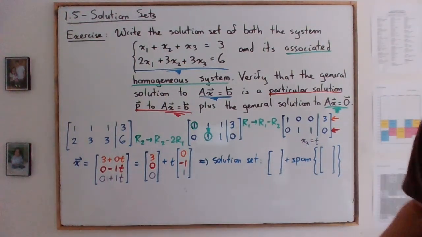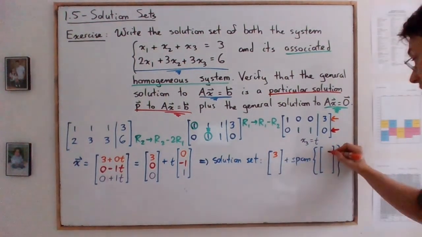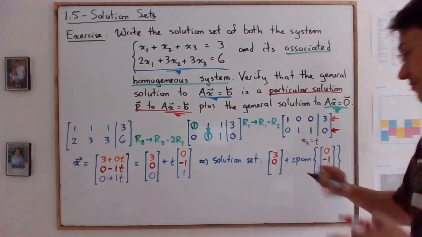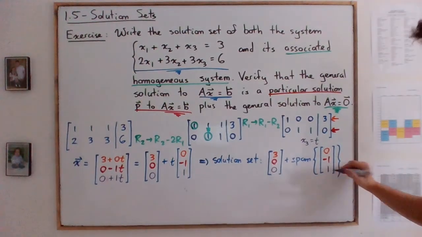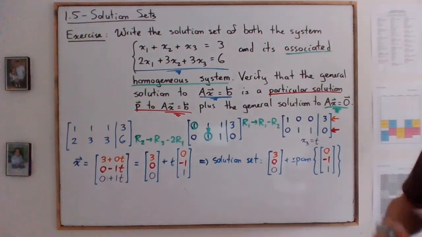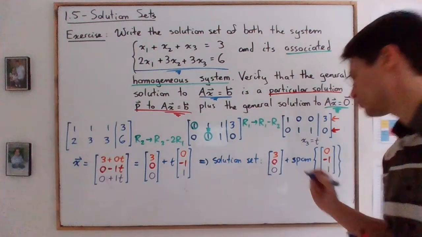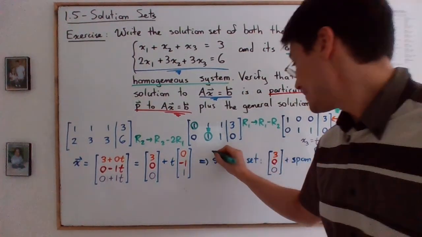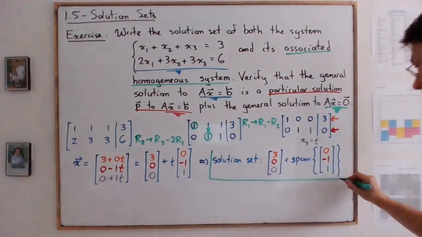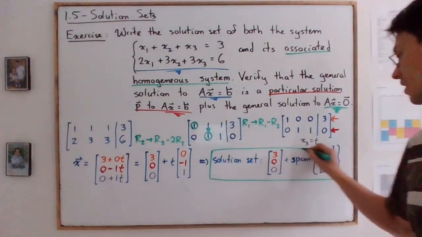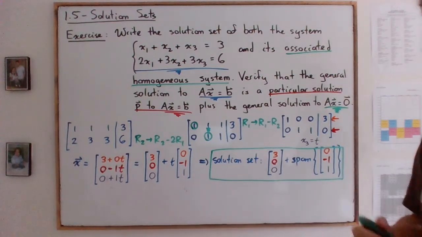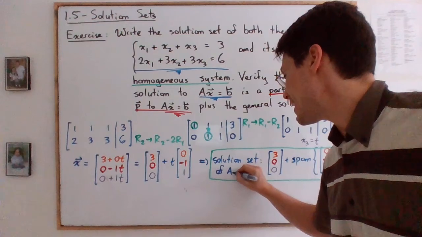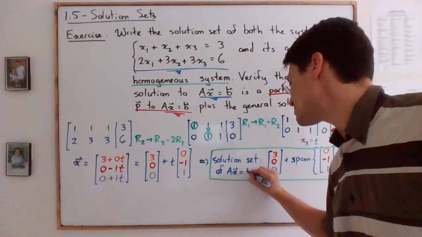So then we can just rewrite 3, 0, 0, then 0, negative 1, 1. Okay, so this is part of our answer. This is the solution set of AX equals B.